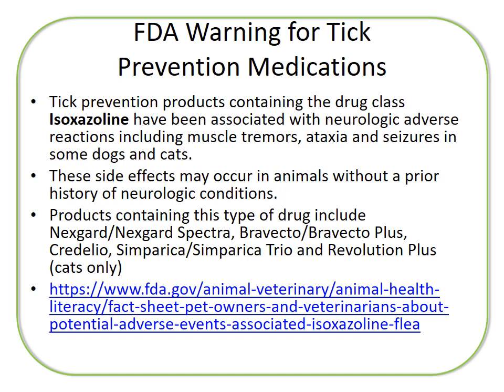These effects may occur in animals without a prior history of neurologic conditions. Products containing this type of drug include NexGard, NexGard Spectra, Bravecto, Bravecto Plus, Credelio, Simparica, Simparica Trio, and Revolution Plus. More information on this can be found at the website listed at the bottom of the screen.